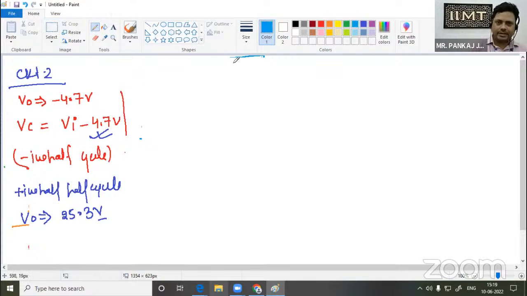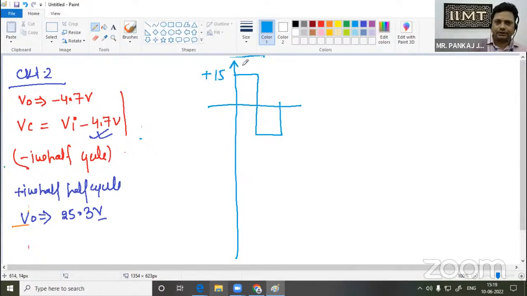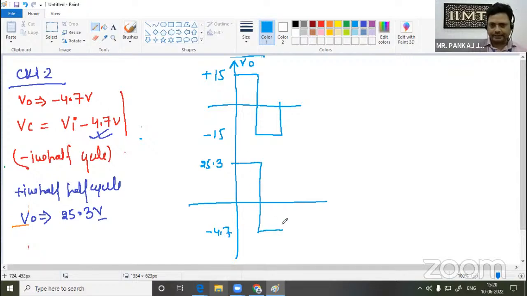So this was my input, that is minus 15 to plus 15. This is 15 volt and this was minus 15. And as a resultant, what we get in positive half cycle, we get plus 25.3 volt, and in negative half cycle, we are having minus 4.7 volt. So this will be my output waveform.